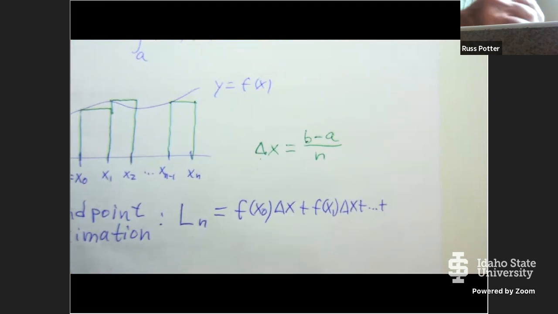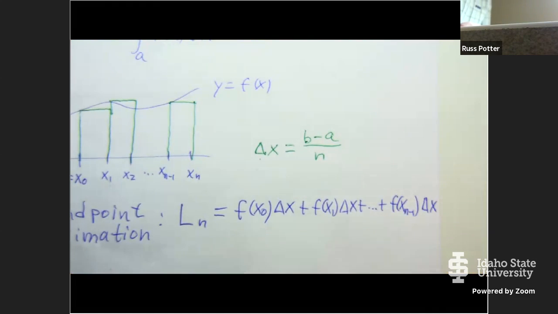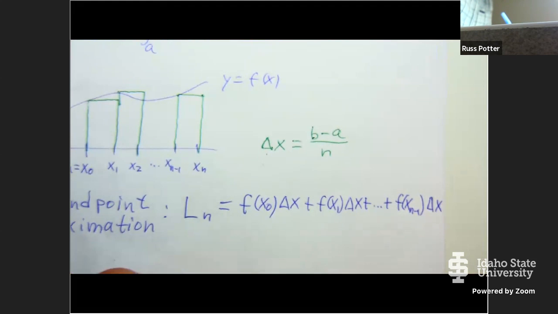Then on the right, the last term is f of x of n minus 1 times delta x. You've seen this before. This is an example of a Riemann sum. So in sigma notation, the left endpoint approximation is the sum from i equals 1 to n, and the terms have the form f of x of i minus 1 times delta x.